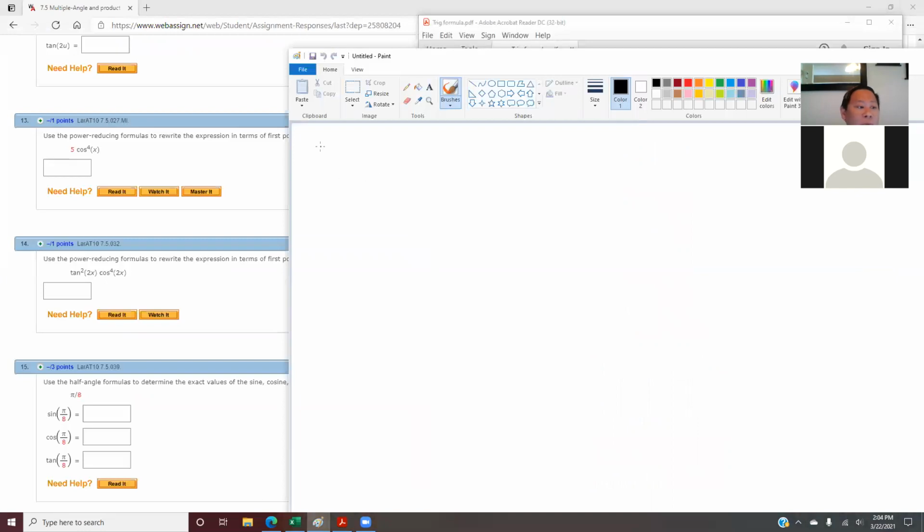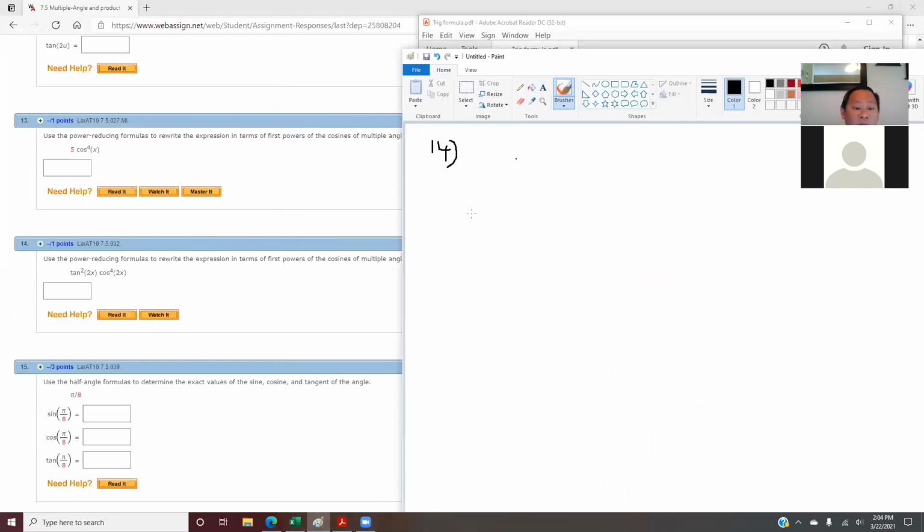For 14, if you want to use the power reducing formula in terms of the first power of cosine, you have this tangent squared of 2x times cosine of power 4 of 2x.